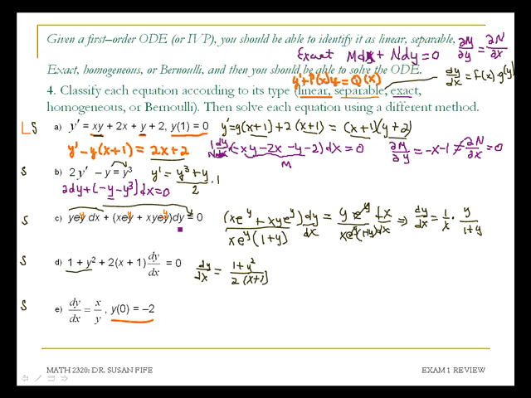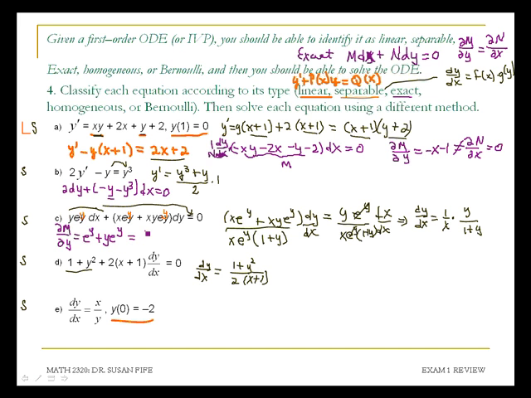C is written like it may be exact. Here's my M, y e to the y, and my partial derivative of M with respect to y. I have to take the derivative of y. That's going to be 1 times e to the y plus the derivative of e to the y is e to the y, so I get y e to the y.